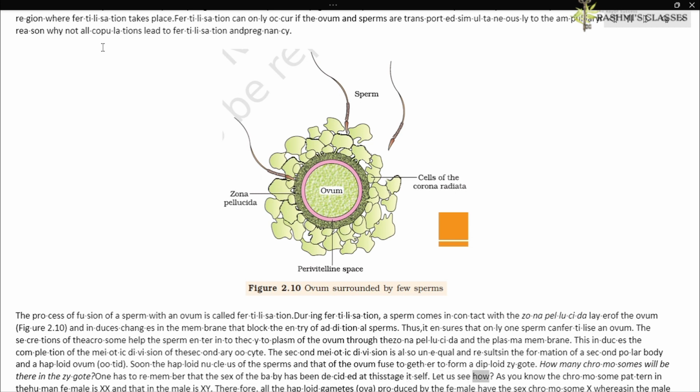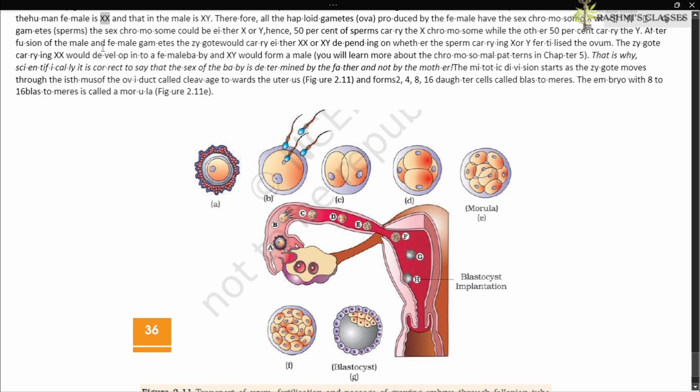Let us see how. As you know, the chromosome pattern in the human female is XX and that in the male is XY.